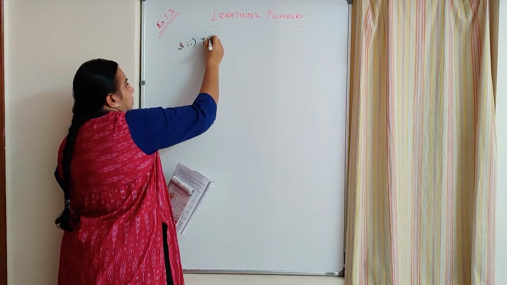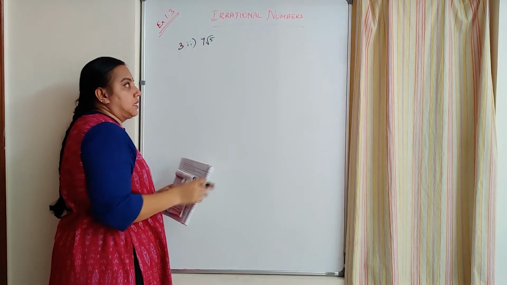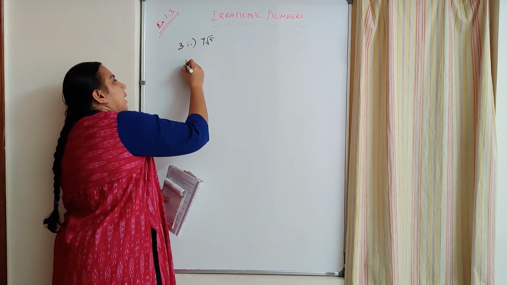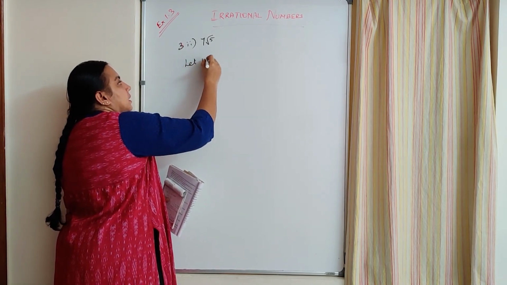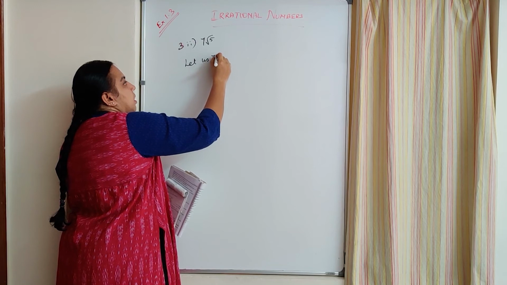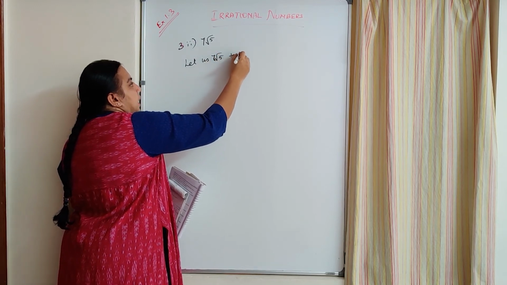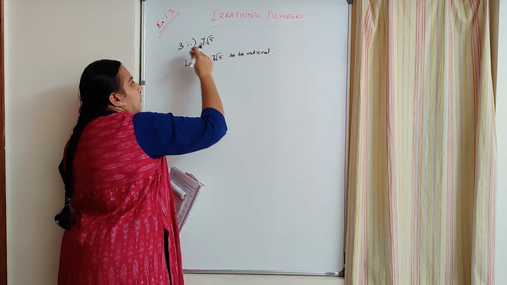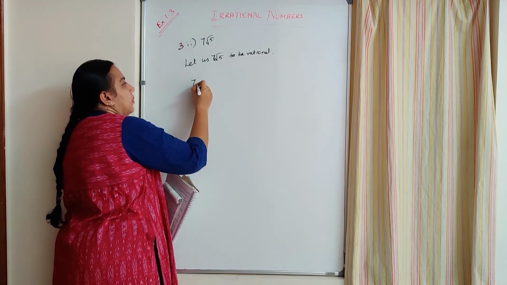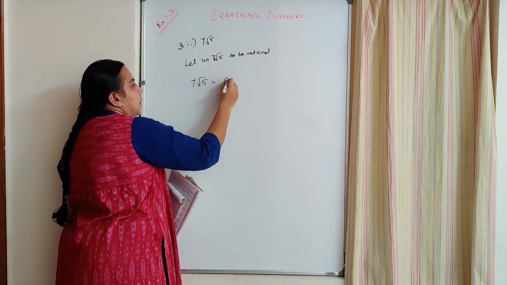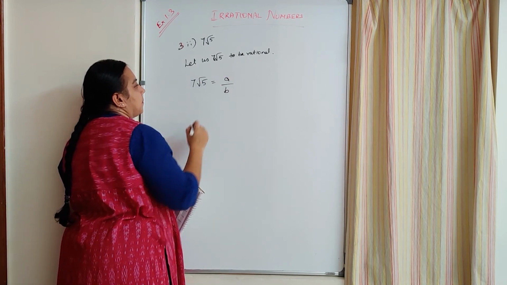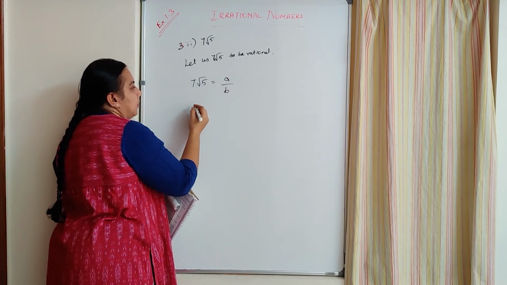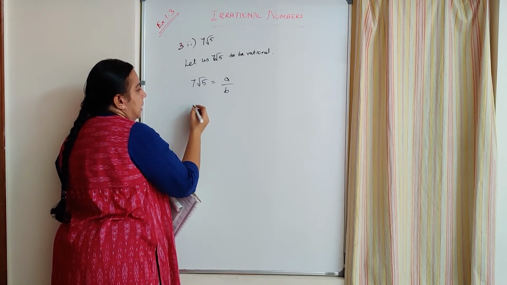7 square root of 5. We have to prove that this number is again irrational. But as usual, let us consider 7 square root of 5 to be rational. Okay. And when we consider it rational, we can automatically equate it to A by B. And when I equate it, what happens? This B comes here.